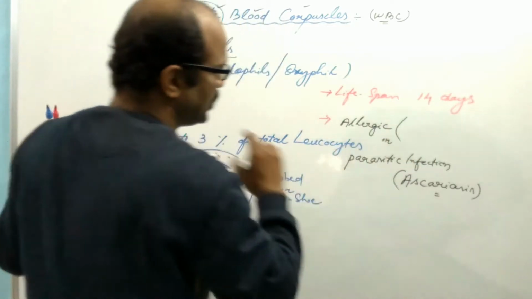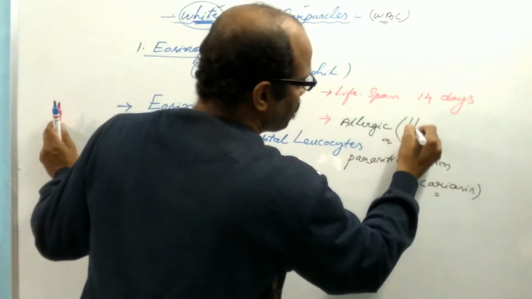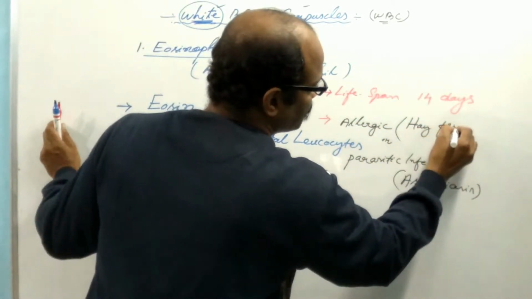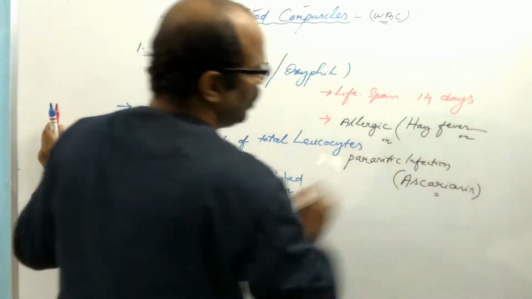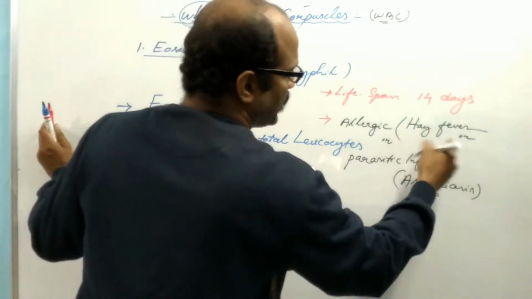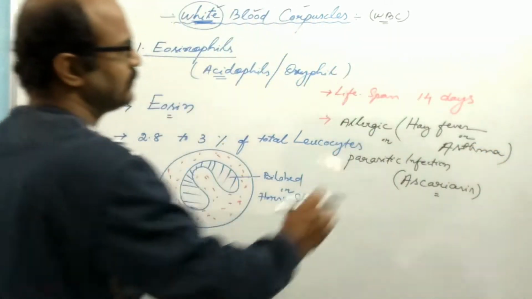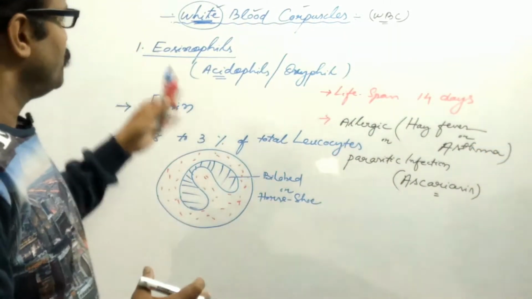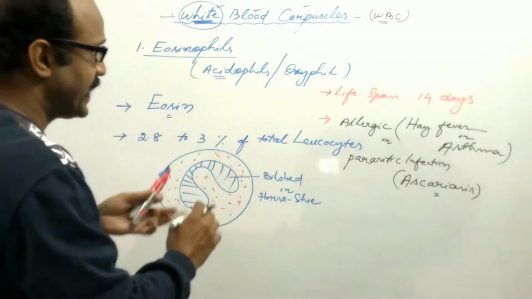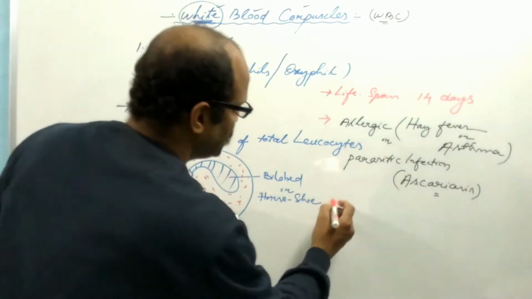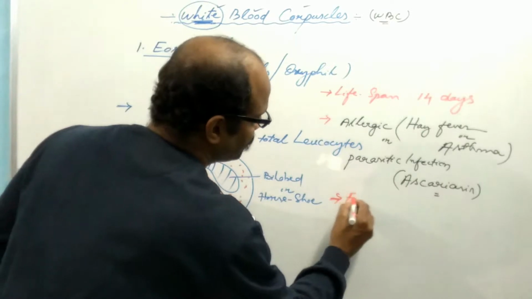In allergic conditions, for example, hay fever or asthma, the number of eosinophils increases, and this condition is known as eosinophilia.